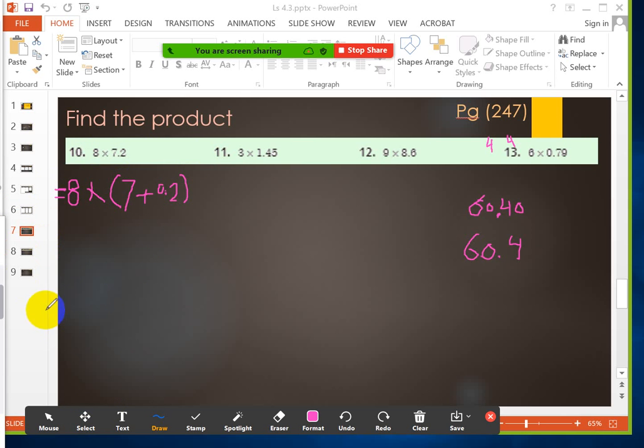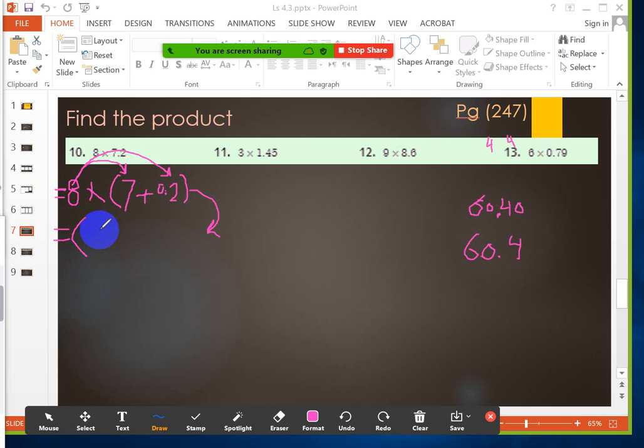So now let's continue, Emma, with you. What about the distributive property? What do I have to do after that? I have to multiply. Very good. And then 8 multiply 0.2. Very good.